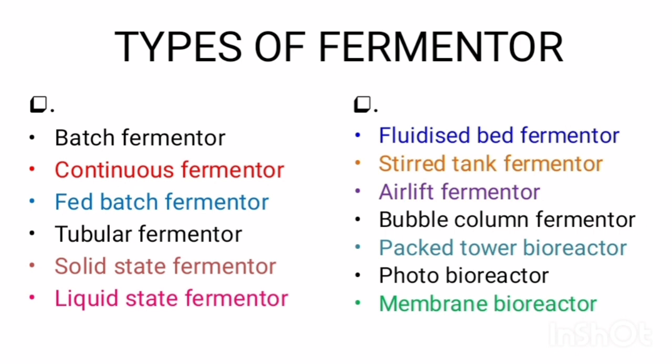There are different types of fermenter: batch fermenter, continuous fermenter, fed batch fermenter, liquid state fermenter, solid state fermenter, tubular fermenter, membrane bioreactor, photobioreactor, packed tower bioreactor, bubble column fermenter, airlift fermenter, stirred tank fermenter, and fluidized bed fermenter.